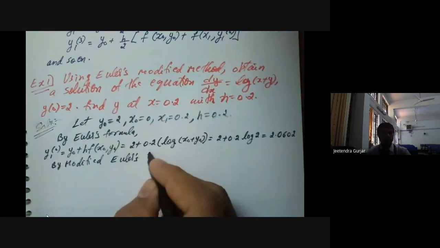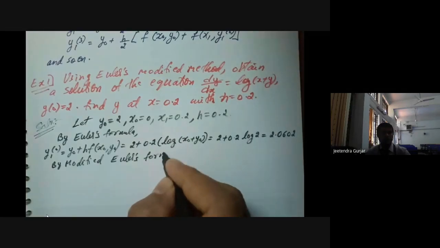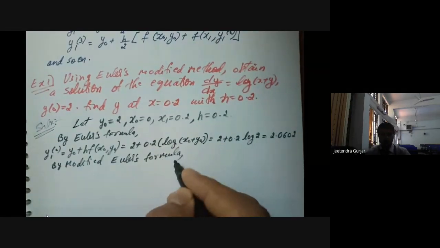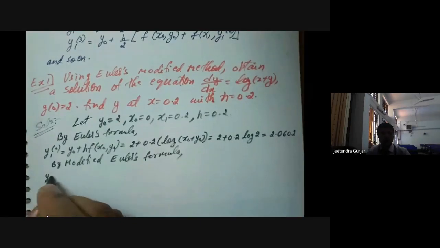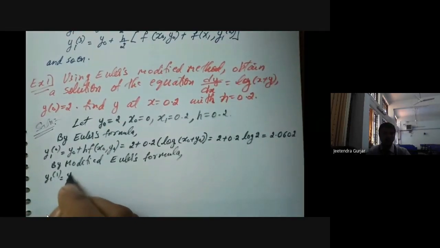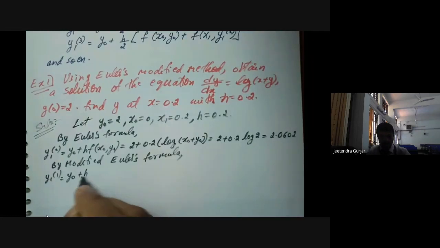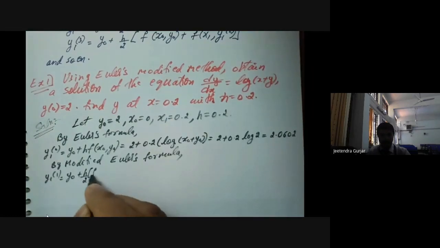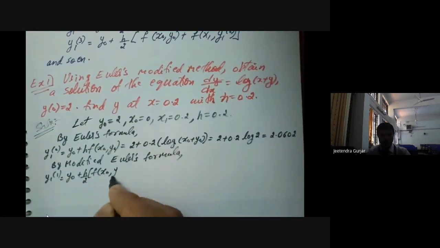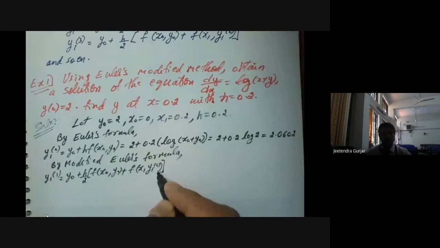Okay. Next, we will go for the modified Euler formula. So already you know there are 3 and so on. It is going to continue. First, we will go with the y1 dash. Very simple formula. y1 dash is equal to y naught plus h upon 2 times f of x naught, y naught plus f of x1, y1 raised to 0.